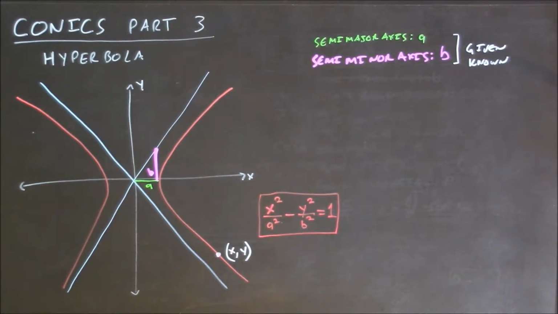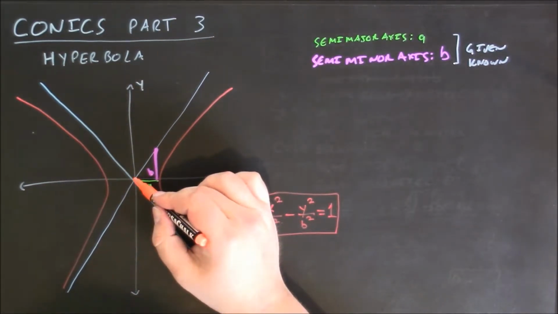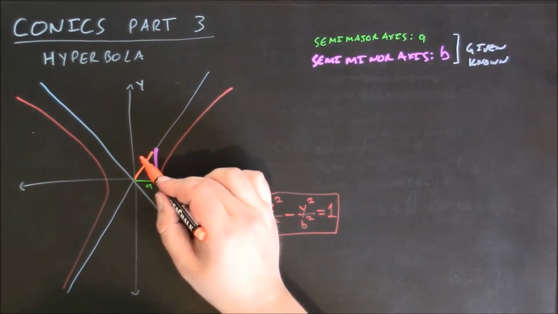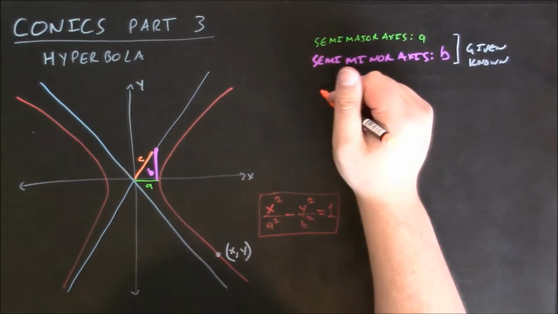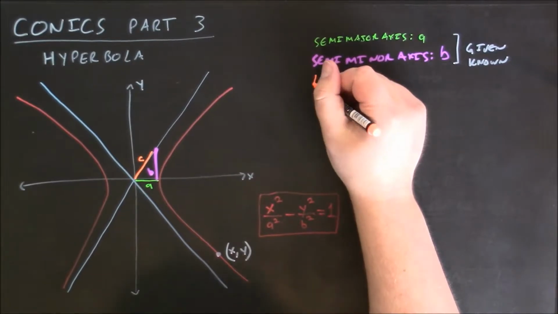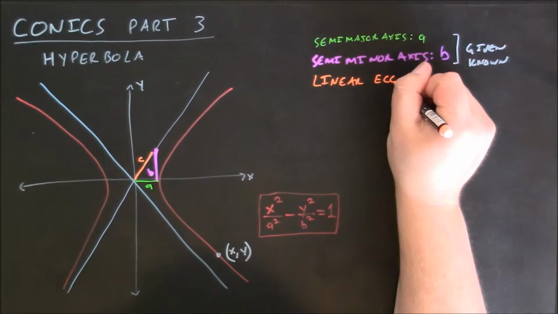Now we can determine another parameter. This parameter is going to be this line right here, closing that triangle with A and B. Now that parameter, C, is known as the linear eccentricity.